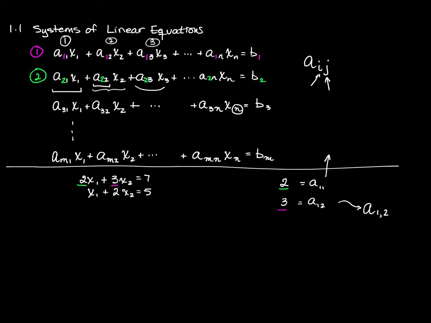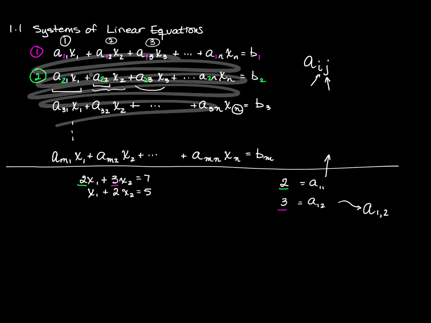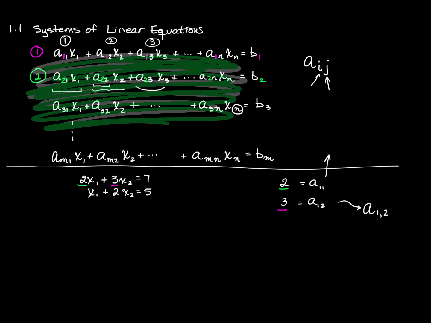So I just wanted to give you that little nuance that you'll sometimes see. Context really is everything here. If I'm looking at the system of equations we have up here in my previous example, I'm going to know that this is a sub 2,3, because of the context that I'm in.